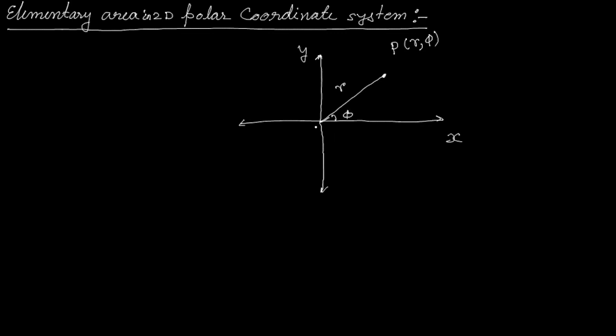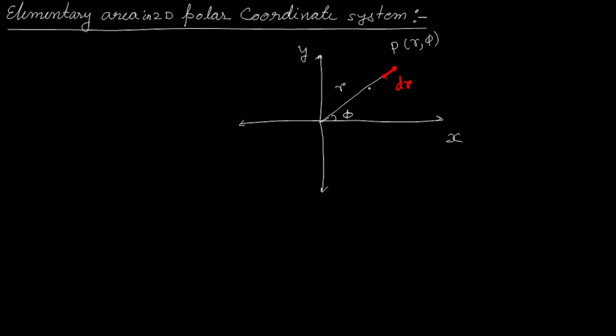Now, if I increase the value of r by dr, keeping phi fixed, we move in this direction, and this increment is the elementary length of r, the smallest possible increment of r. So this is dr.